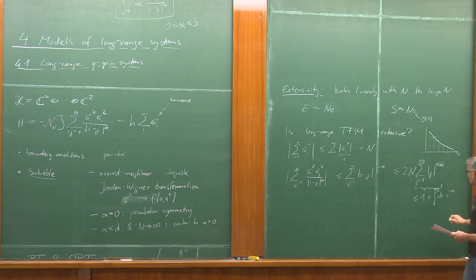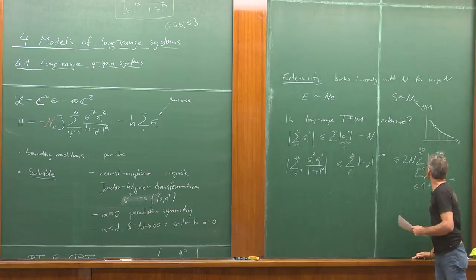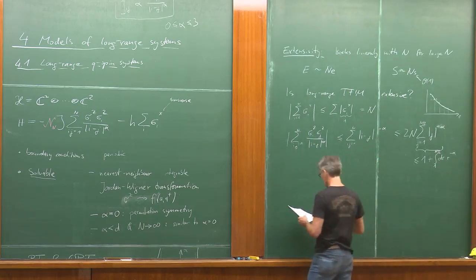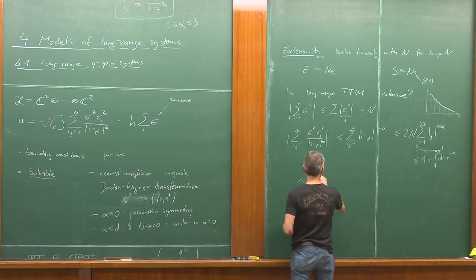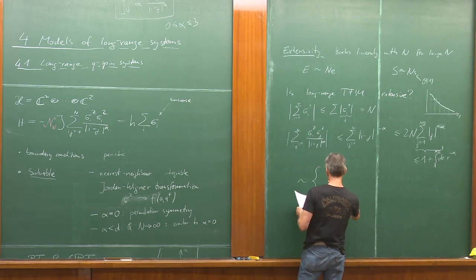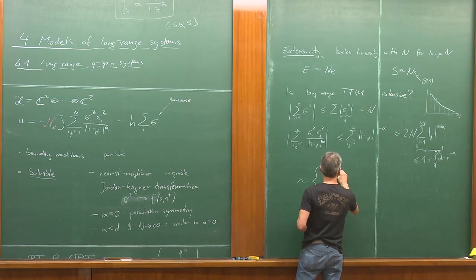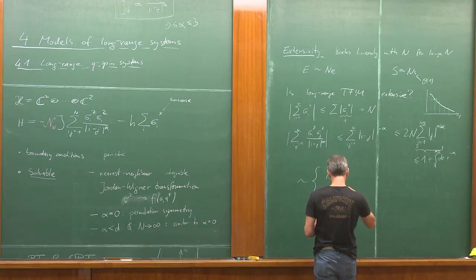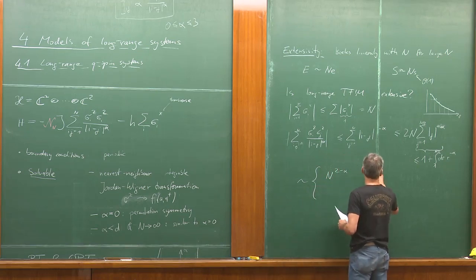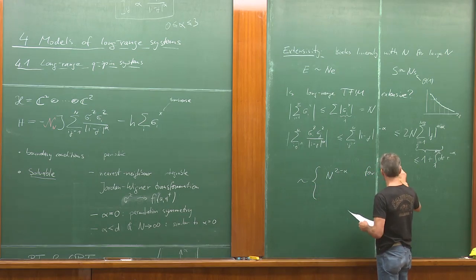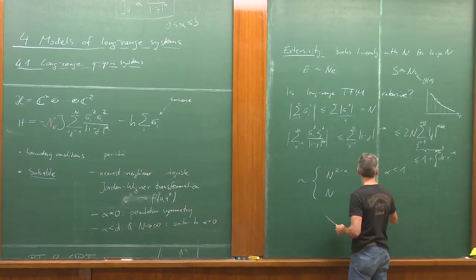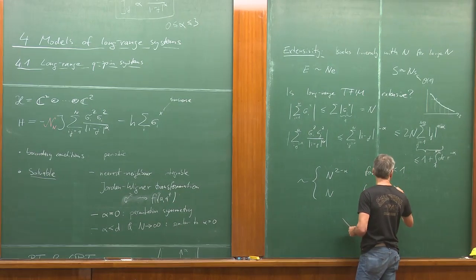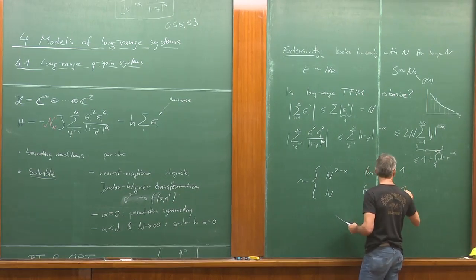And the result of this is, asymptotically for large n, n to the 2 minus alpha for alpha smaller than 1, and n for alpha larger than 1.